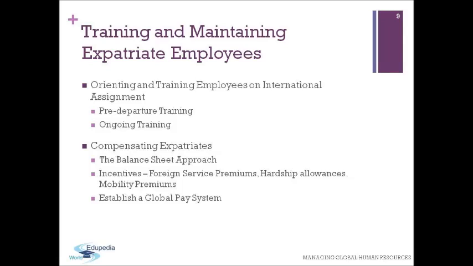Orienting and training employees on an international assignment is very important for success overseas, and the practices of most US employers reflect more talk than substance. Executives tend to agree that international assignees do best when they receive the special training in things like language and culture that they require. However, few companies actually provide such training, which is not a good sign.